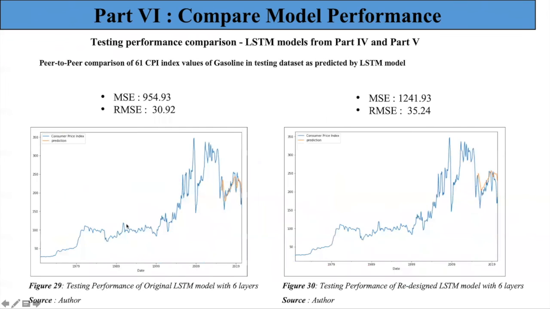And these are the differences between the testing data set for the original model and the redesigned model. We can clearly see that the original model performed well from the statistic perspective and the visual perspective also, with the lower RMSE and the pretty good matchup on the graph versus this one.